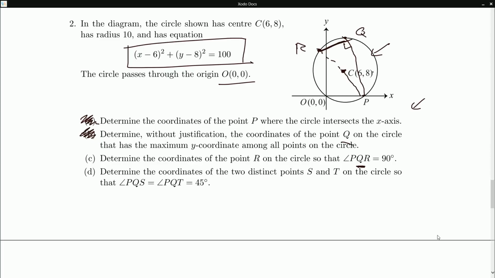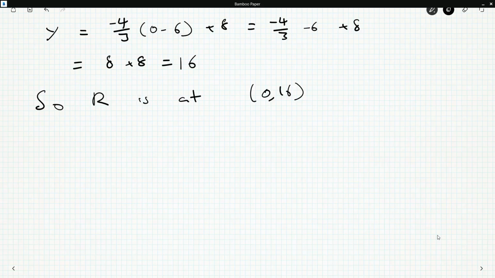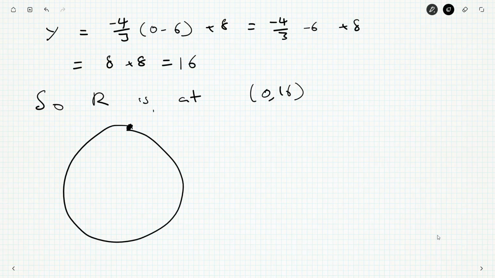Alright, so that's part C all done. And now part D. Determine the coordinates of the two distinct points S and T on the circle so that angles PQS and PQT are 45 degrees. So we'll quickly sketch a circle there. Q up here at the top. We have P down here.